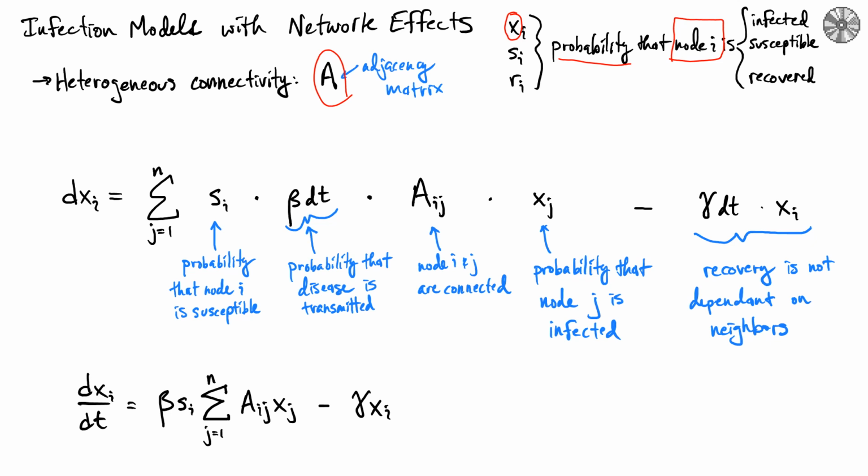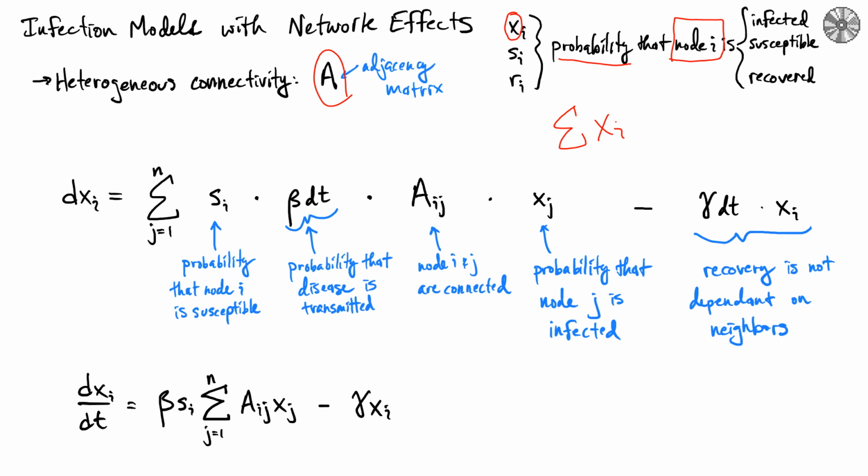An interesting and very useful consequence of considering that these represent probabilities is that if we take the sum of X_i over the whole population, so essentially over all of the elements of X, then we can get the expected number of people that are infected.